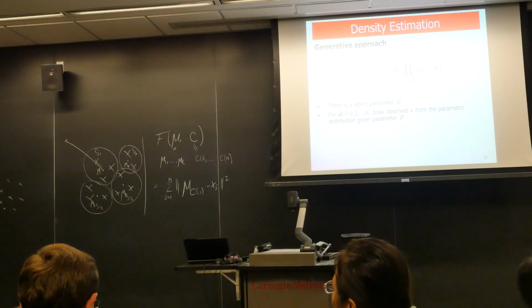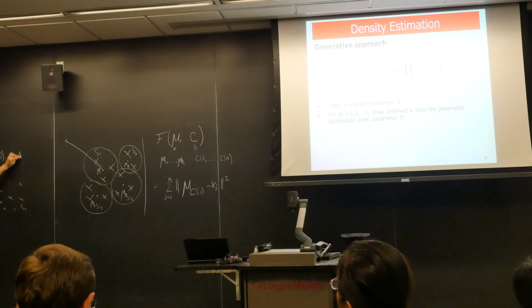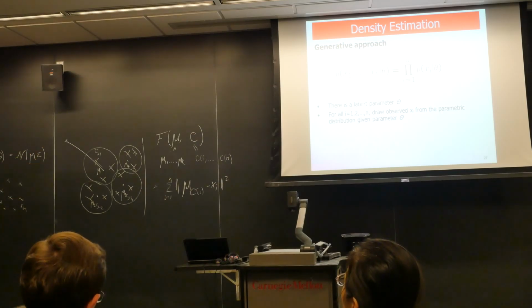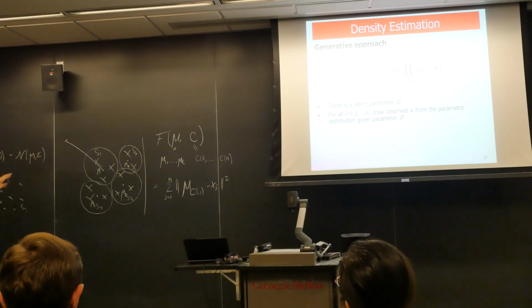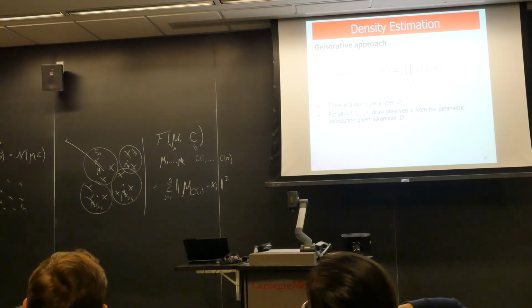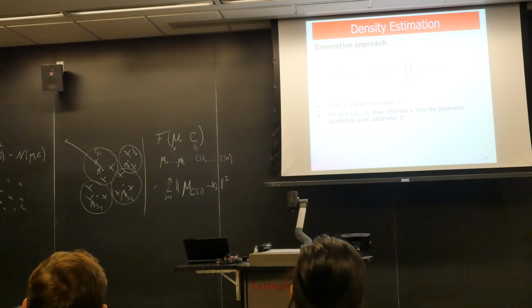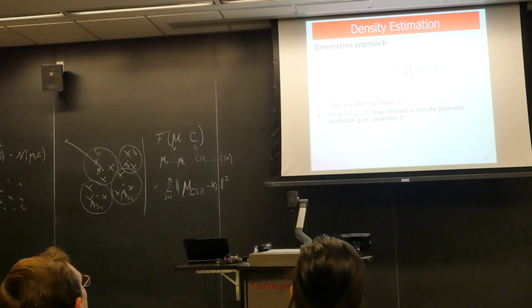So this is x1, this is xn, and p(x; theta) is a Gaussian distribution with some parameters mu and sigma, and I want to find a theta, that is mu and sigma, that fits best this set of points. Does it make sense? So we have a bunch of points. I want to fit a Gaussian, say a two-dimensional Gaussian in this case, to this set of points.